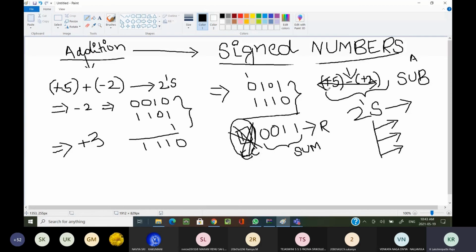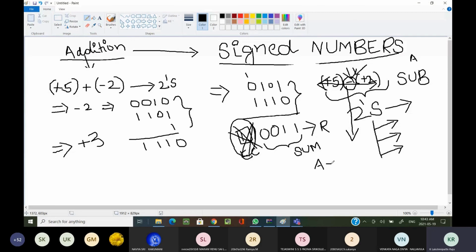Here also I can write this way, and this is also correct. What operation do I need to perform? Subtraction. If I want to perform subtraction, how do I do it?